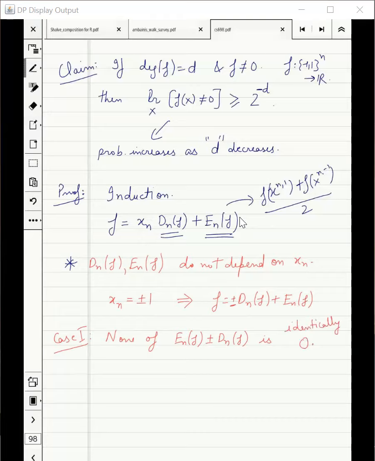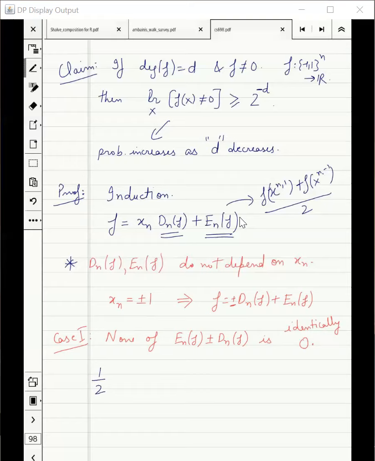Can you guess why? Now, suppose I give you this extra condition that ENF plus or minus DNF is not identically zero. Then can you apply induction? For half the inputs, my function will become ENF plus DNF.